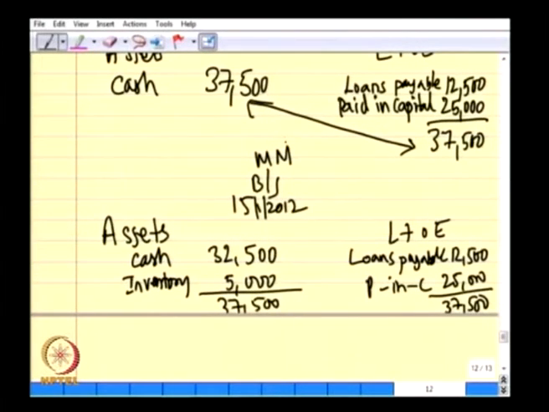Suppose at this stage, this is where I purchased the inventory. I said I purchased the inventory, because I paid, I removed 5,000 from cash here. But if I haven't done that and I said I am going to pay it later, this 37,500 would have remained there. I would have added inventory. So, 37,500 plus 5,000 would have been 42,500.